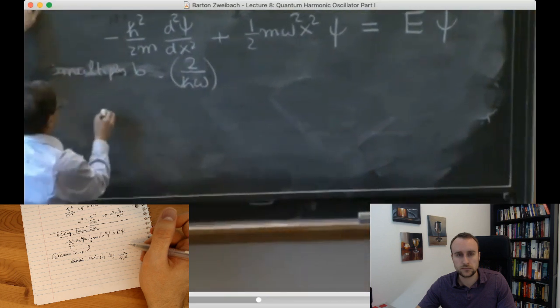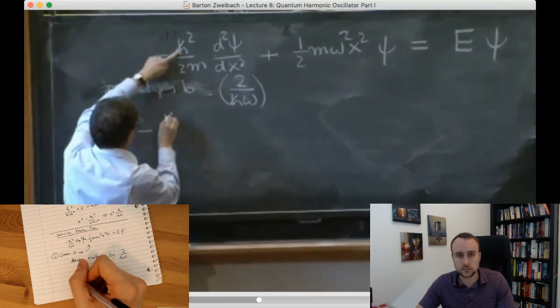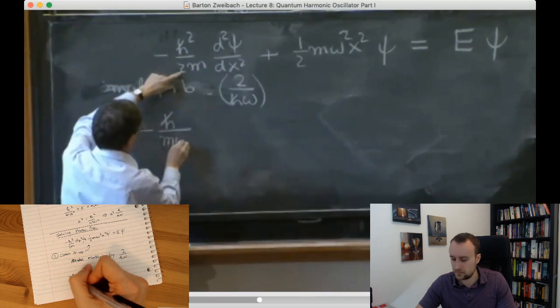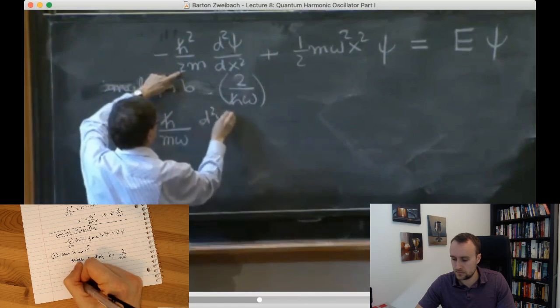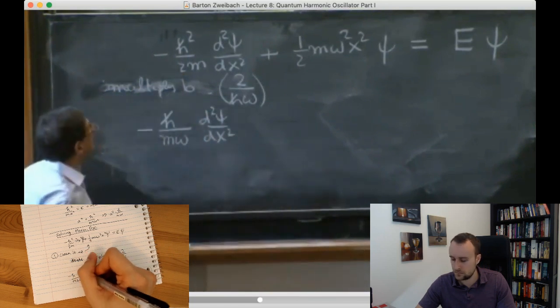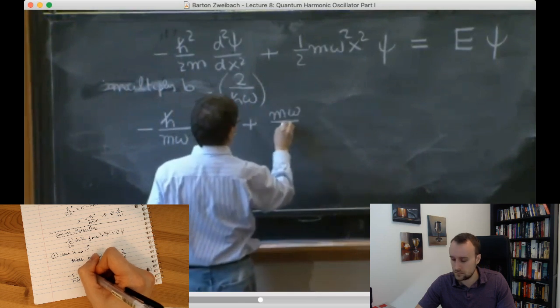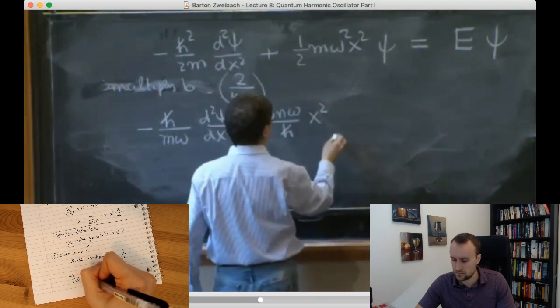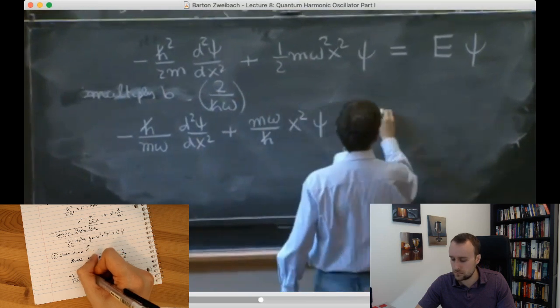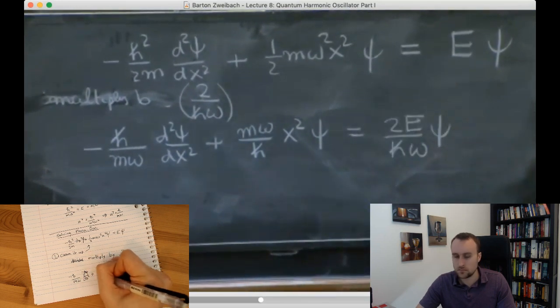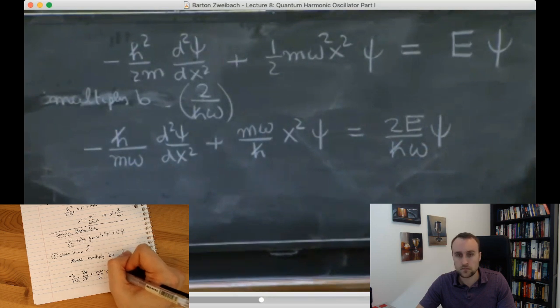So what do we get here? We get minus h bar over m omega, d squared psi dx squared, plus m omega over h bar, x squared psi, equals 2E over h bar omega psi. Now it looks quite a bit better already.